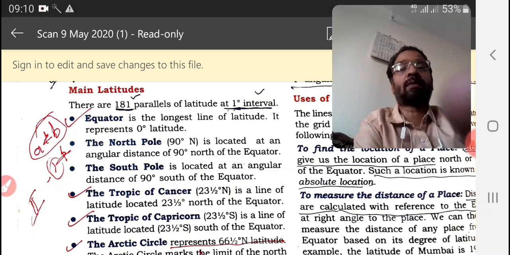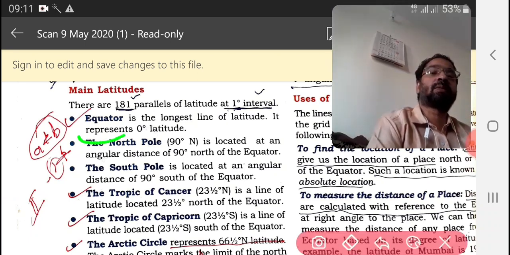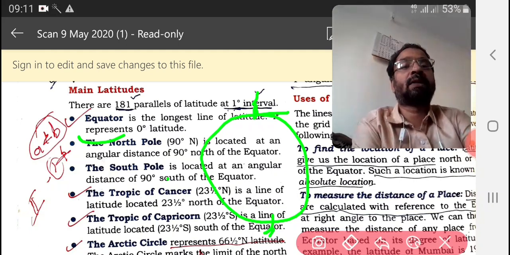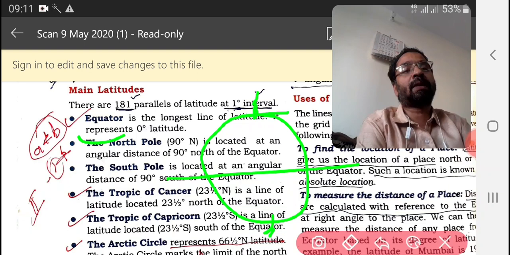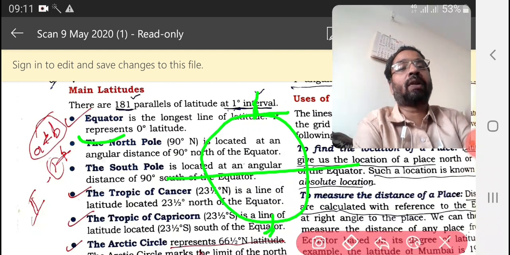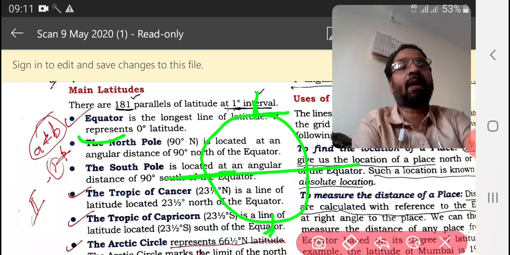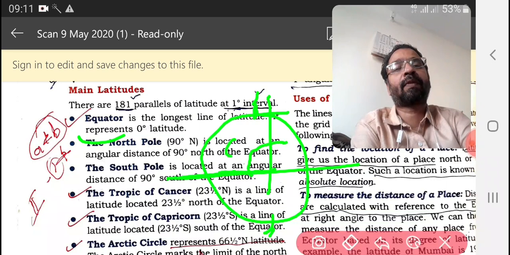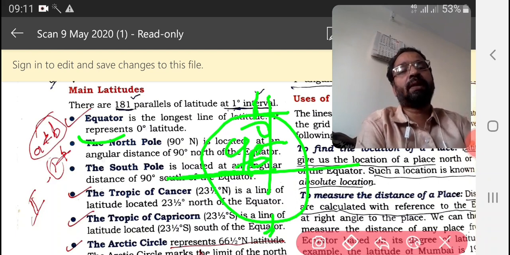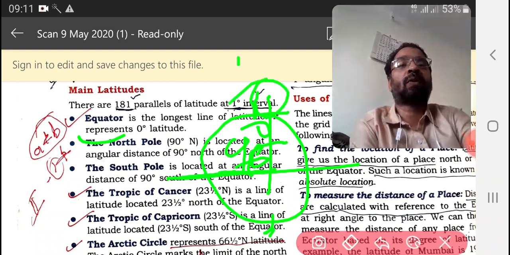Then go to the next one, the North Pole. Suppose this is the Earth, this is the North Pole, this one is the South Pole and this one is the equator. The North Pole is at an angular distance of 90 degrees. 90 degrees north, so this place will be the North Pole.